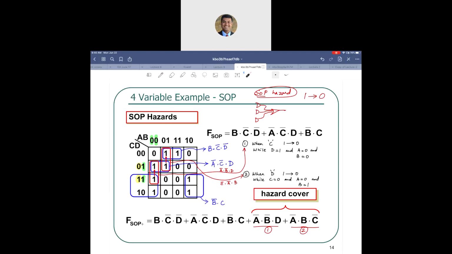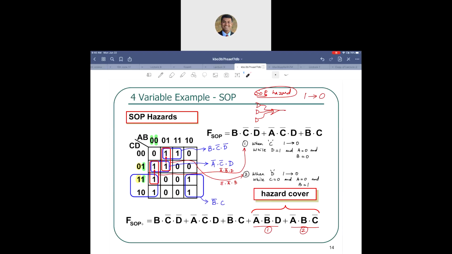But the problem becomes when the output of an OR gate is going to be 0. That happens when all the inputs are at 0. The problem could happen when an input changes from 1 to 0 and there is a timing defect in the circuit.